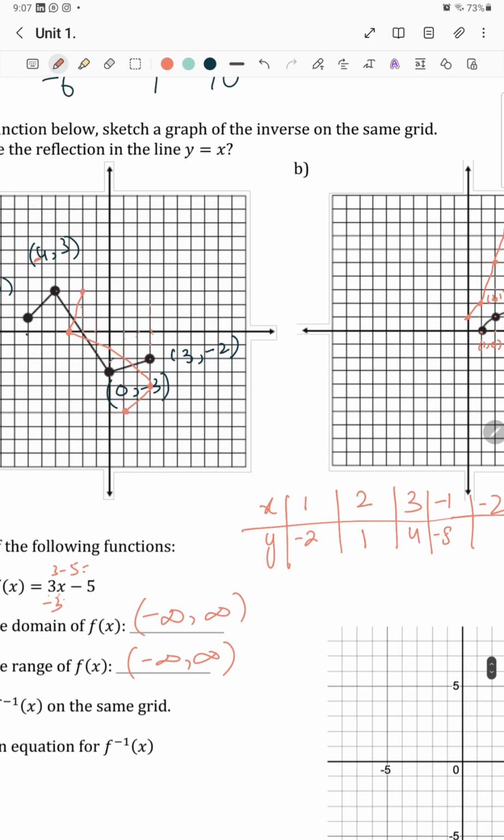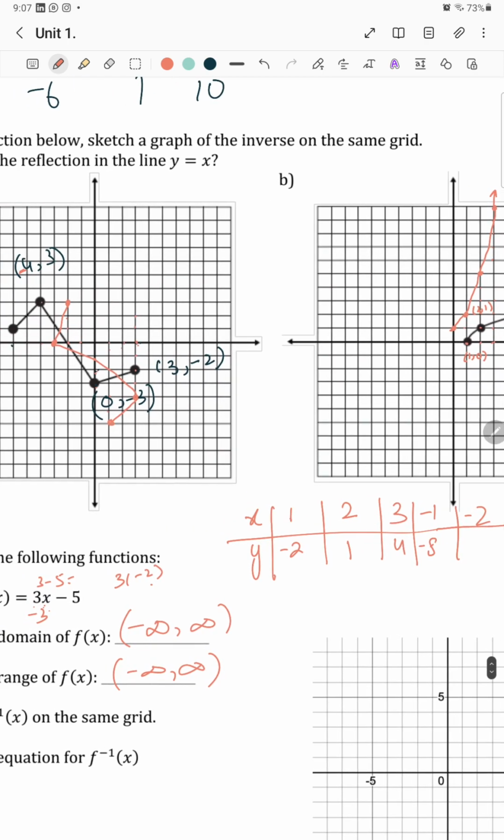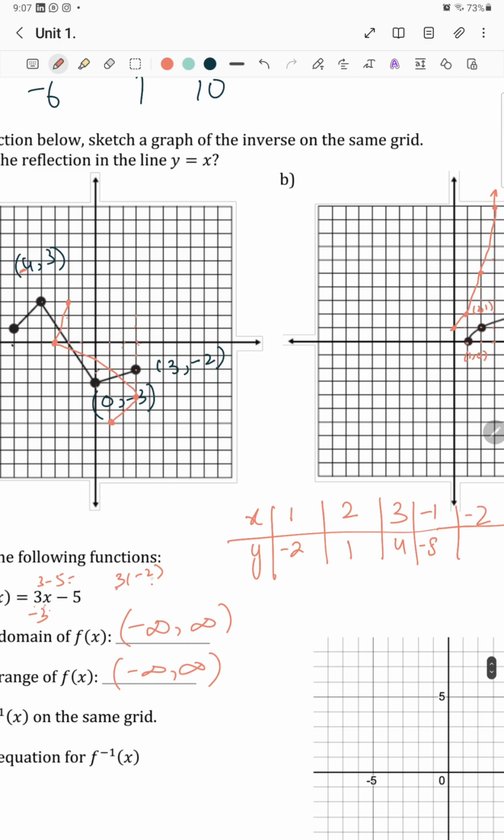For minus 2, 3 times minus 2 is minus 6, minus 5 would be minus 11.